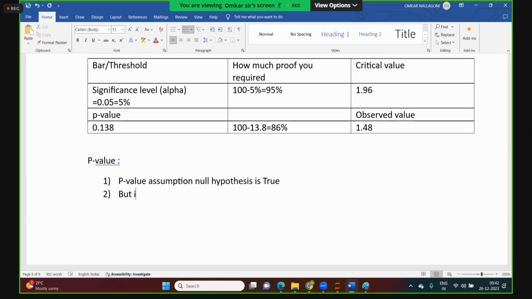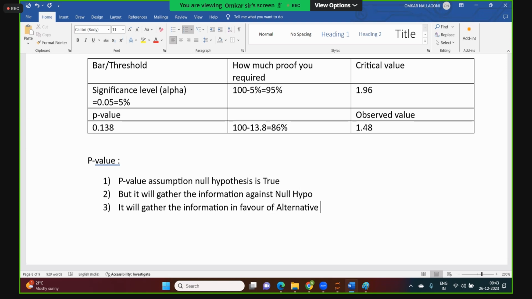But it will gather the information against the null hypothesis. So in your language, we can say that it will gather the information in favor of the alternative hypothesis.